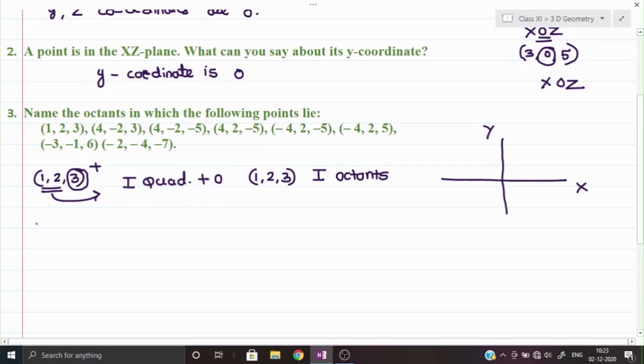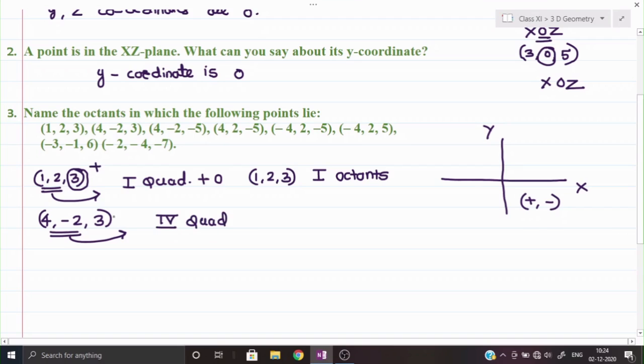Similarly, look at the second one, (4, -2, 3). First of all, think of (4, -2): in which quadrant does it lie? x is positive and y is negative, so that will be the fourth quadrant.